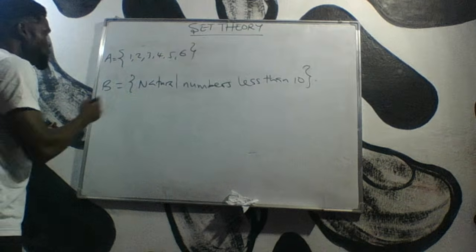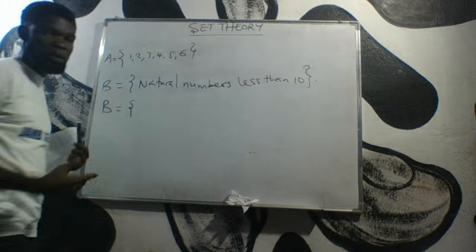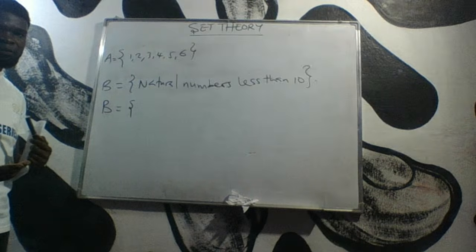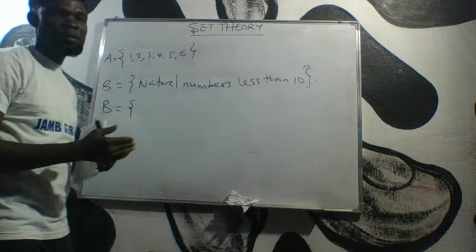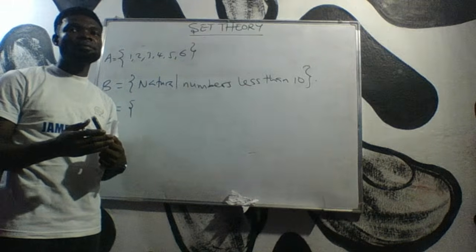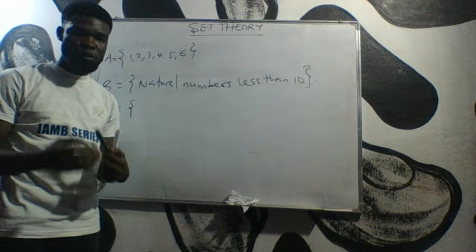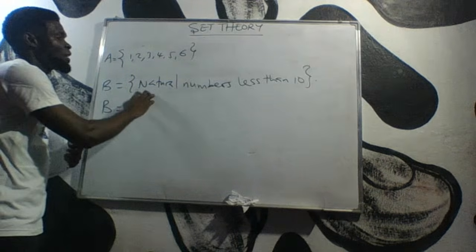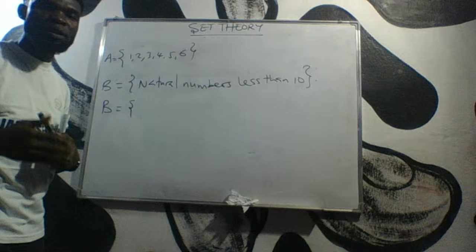And then, how do we do that? We now say that B is a set of natural numbers. What are natural numbers? In a very simple term, natural numbers are positive numbers, and natural numbers begin from 1.